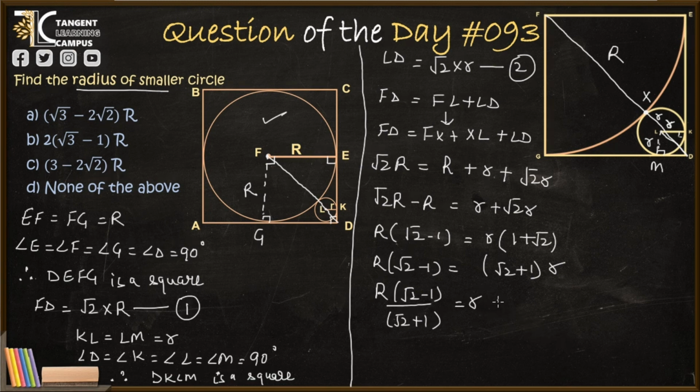This answer is also correct, but let us see if we can solve it further. Yes, we can rationalize it. So let us rationalize this expression. So we get R root 2 minus 1 upon root 2 plus 1. So we have to multiply with root 2 minus 1 in both the numerator and the denominator.